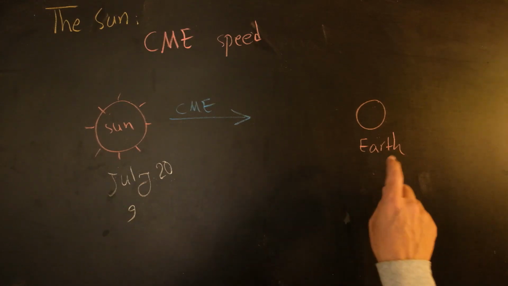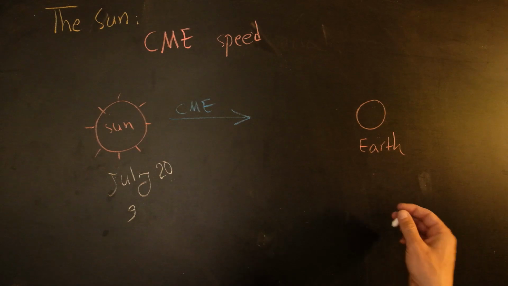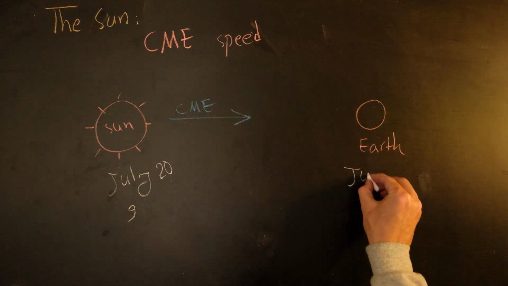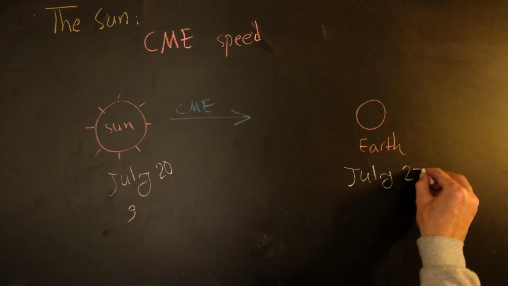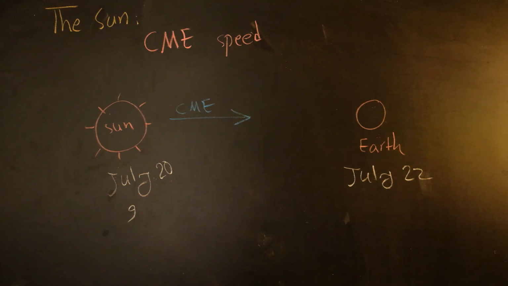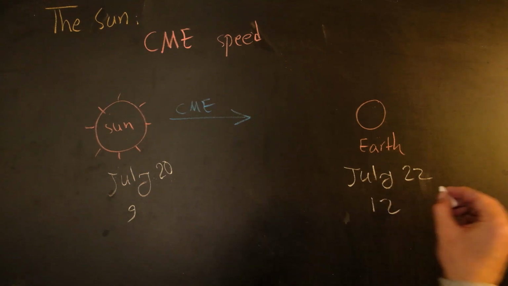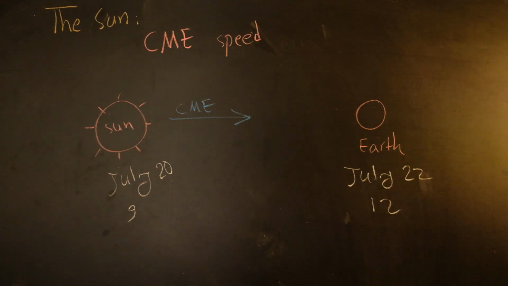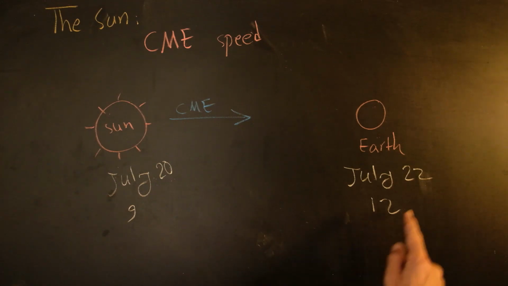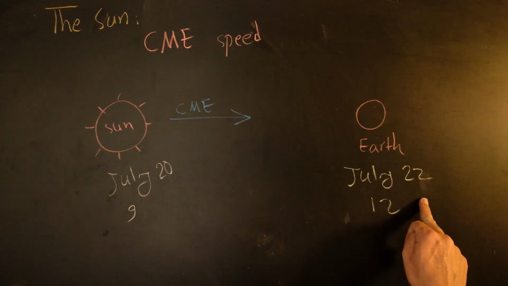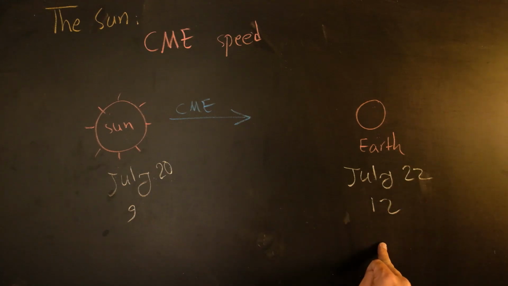Let's say we receive this event sometime around July 22nd and our time is 12. It's just an approximate number. So for this event we have around 2 days and 3 hours.